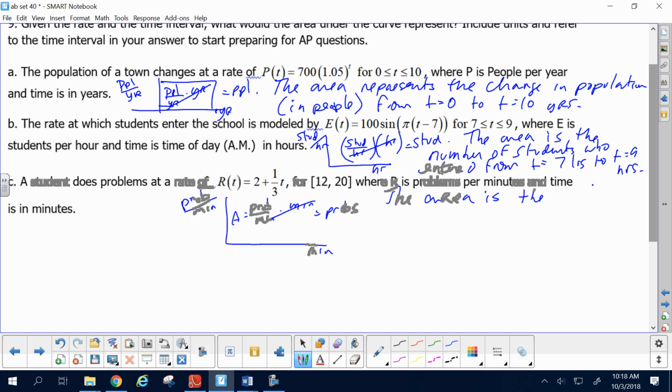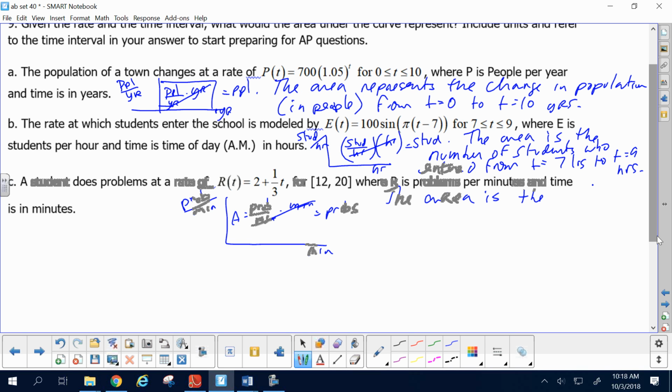Okay, now this, if you're just kind of getting it, that's fine. It's going to be a big idea through the whole year, so it's just an introduction. But area, when you take a rate on the y-axis times an amount of time on the x-axis, when you do that in a unit multiplier kind of way, the rate drops out and you'll actually get change, or amount of change accumulation.